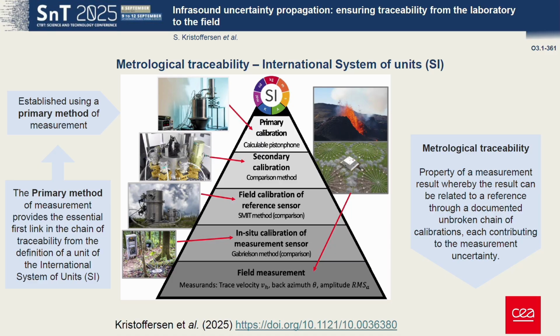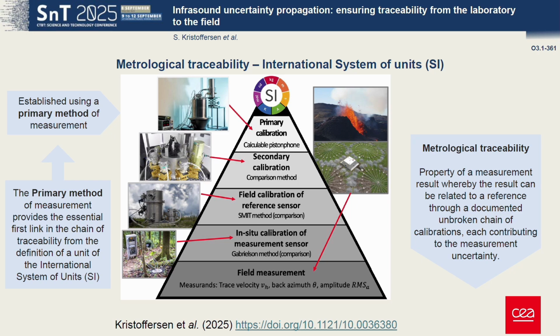metrological traceability is the idea that when we have our measurements, typically with a microbarometer, we want to measure pressure in pascals. Usually we end up getting a value in volts or in counts. So what we have to do is then figure out how to convert that to pascals.